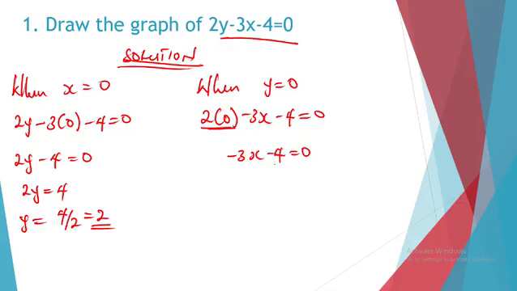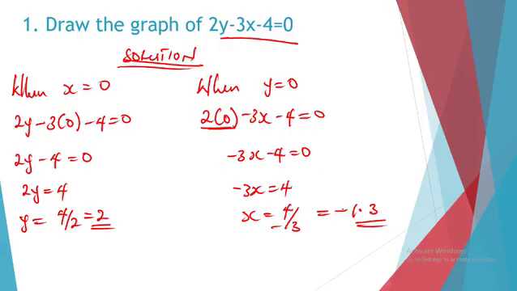Now to get the value of x, we have minus 3x to be equal to 4, and x will be equal to 4 divided by minus 3. So the value of x is minus 4 over 3, or we can go further to break it down to be minus 1.3. Whichever way, it is still correct.